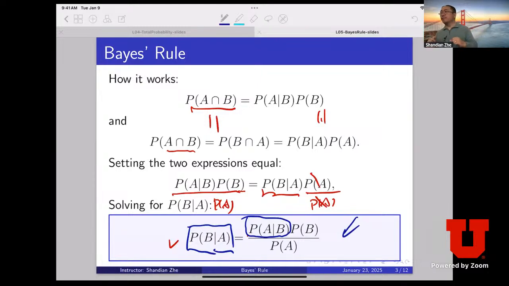If you know the conditional probability of A given B and want to invert it to the conditional probability of B given A, you multiply by P of B and divide by P of A. That is called Bayes rule, sometimes also called Bayes inverting theorem. By inverting, it just means you switch the order in a conditional probability.